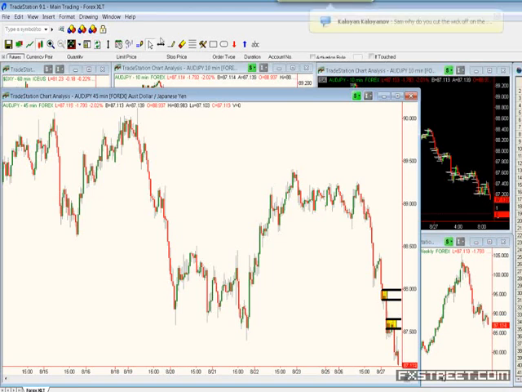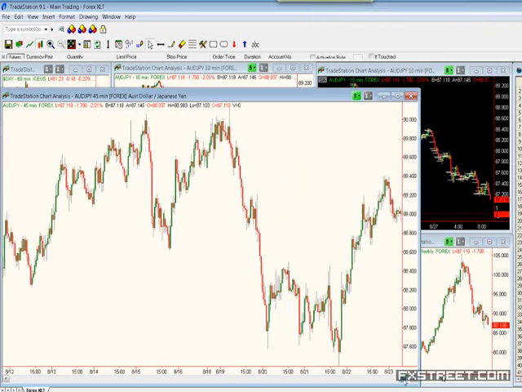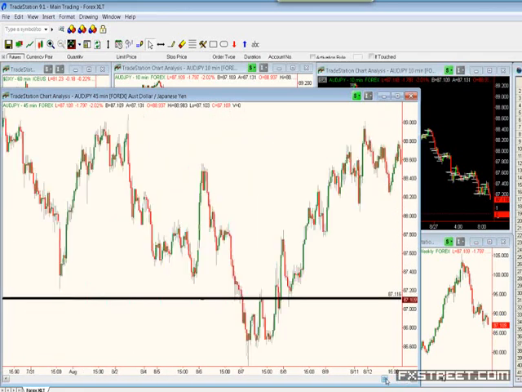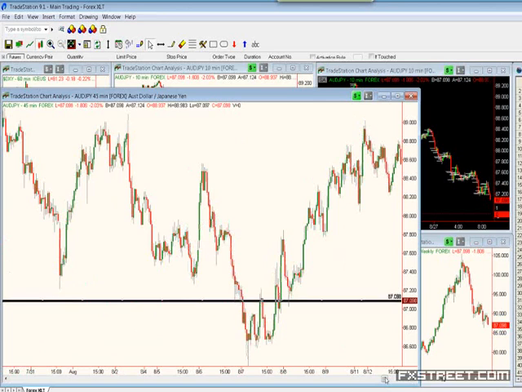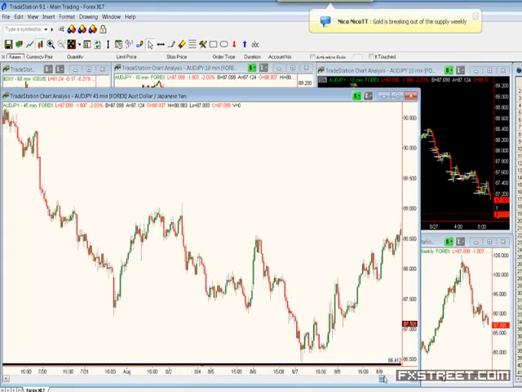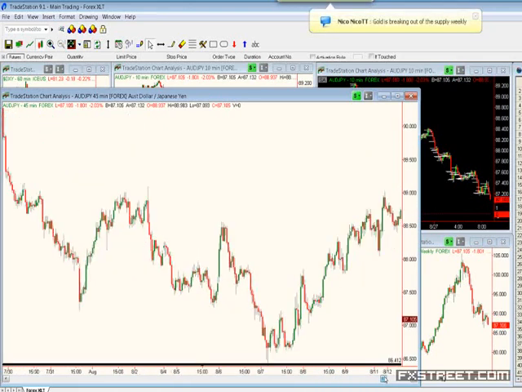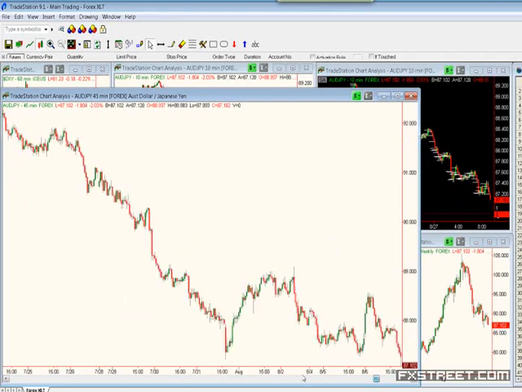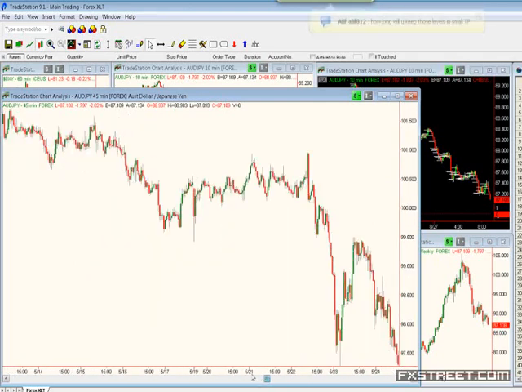Now if I put a horizontal line at the bottom, let's find something below. The reason why we always use that word fresh is because these levels represent buy and sell orders. So you want to be buying and selling at those levels when there's lots of buy and sell orders, not when those orders are gone or used up. Let's go back till we find the 86.50. Oh, there we go.